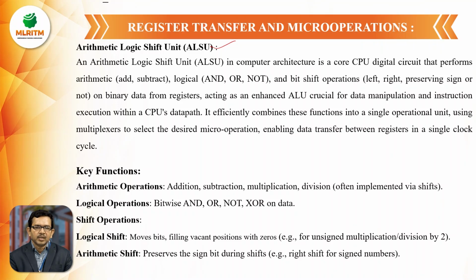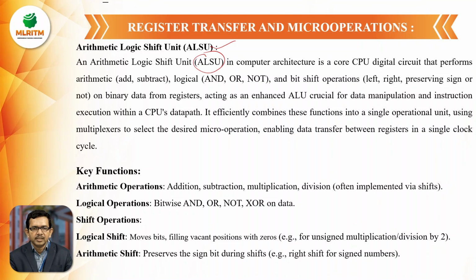because whatever operations we are going to do in a computer or in a digital circuit, this ALSU plays a very important role, because all operations are executed only in the ALSU.